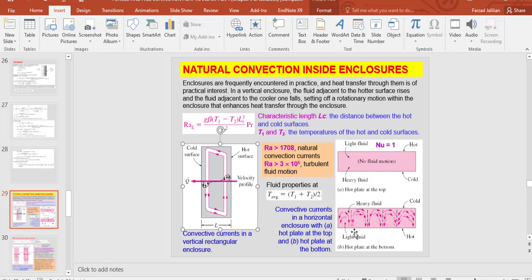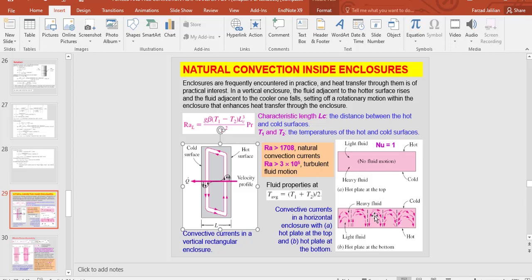T1 and T2 are the temperatures of the surfaces. And you can see here how the convection, or the fluid flow, is inside the enclosure. You can see when the hot plate is at the bottom, it is something like this, but when the hot plate is on top, it is like this.